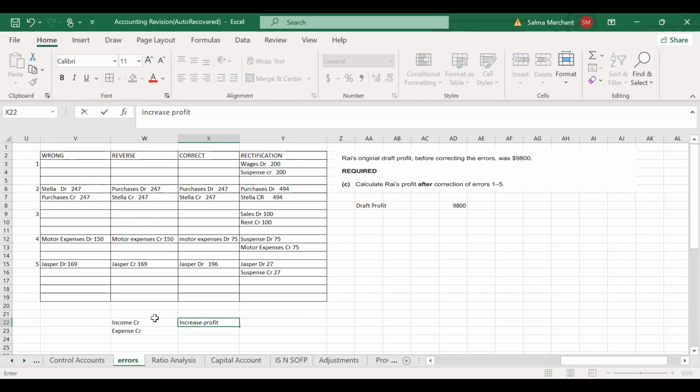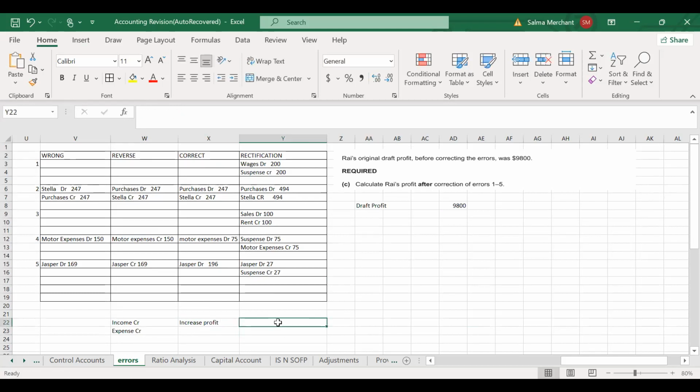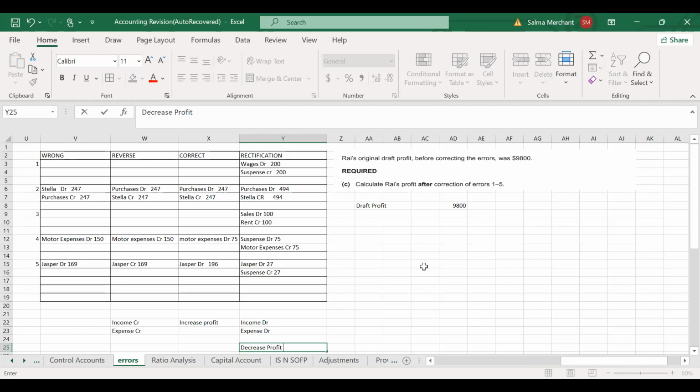And if income is debit and expense is debit, it will decrease your profit. If you see the revision video, you will see the formula for this.